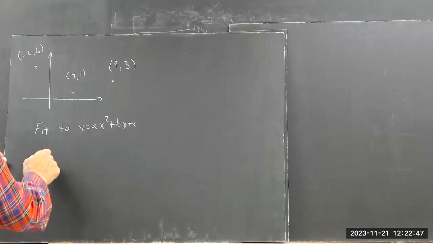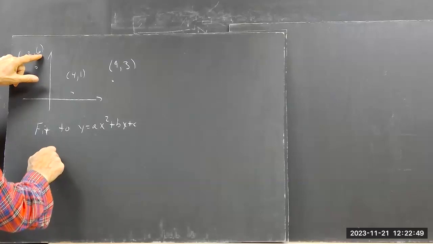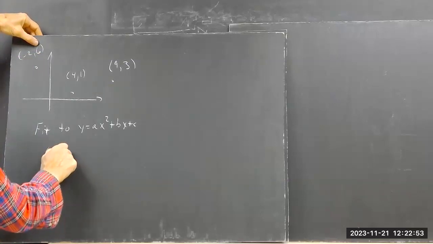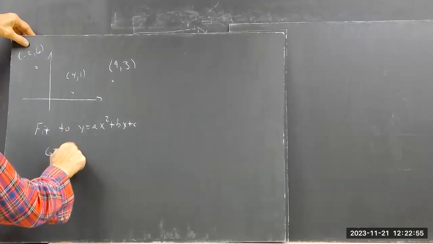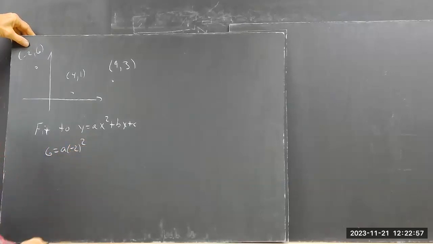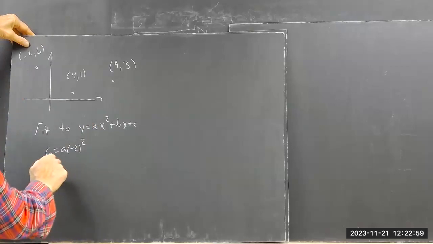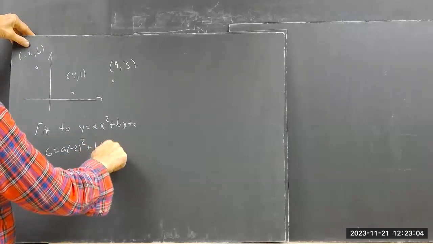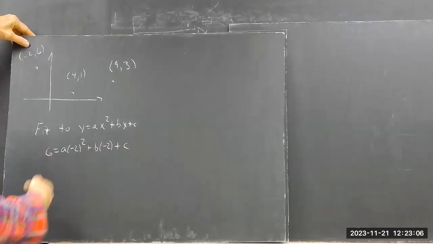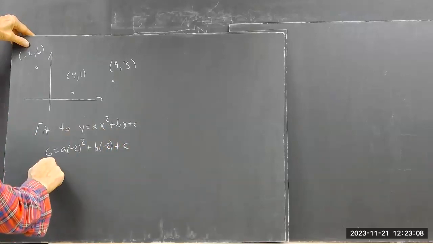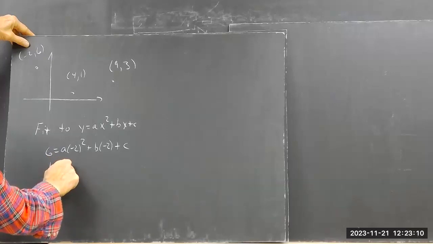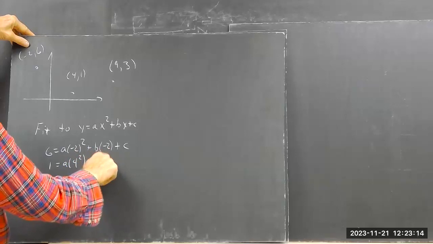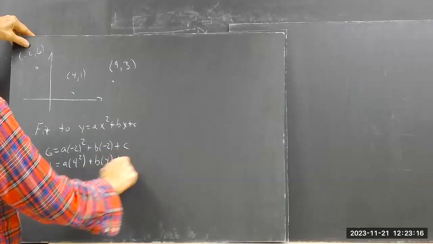Well, first, for the one on the left, y is 6. x is -2. So we plug in -2 for x. We get this. And then for the second one, we get 4 equals a times 4 squared plus b times 4 plus c.